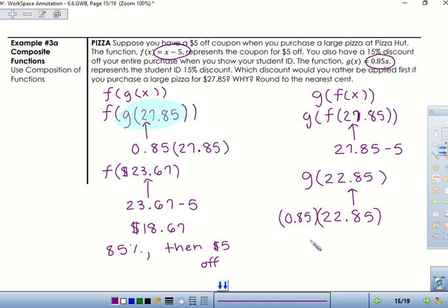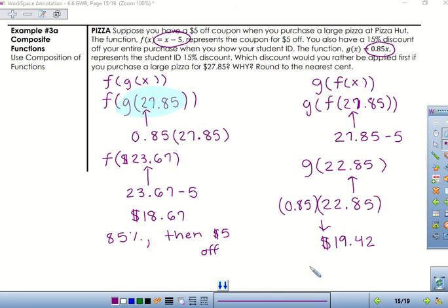So that's going to give me my answer, which is going to be something. I don't know. Good. $19.42.